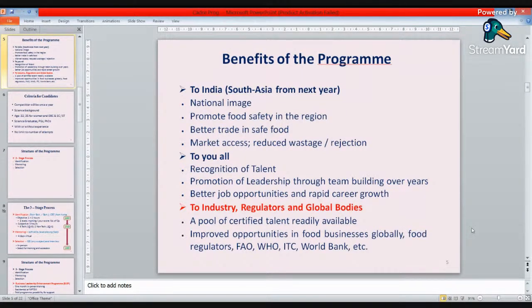They are running this program globally, and they need people globally. So these are opportunities for the industry, for regulators, for global bodies. And wherever you are in the world, you would still do trade with India. Either you will be importing from India or you will be exporting to India for re-exports or for the domestic market. So opportunities are there.